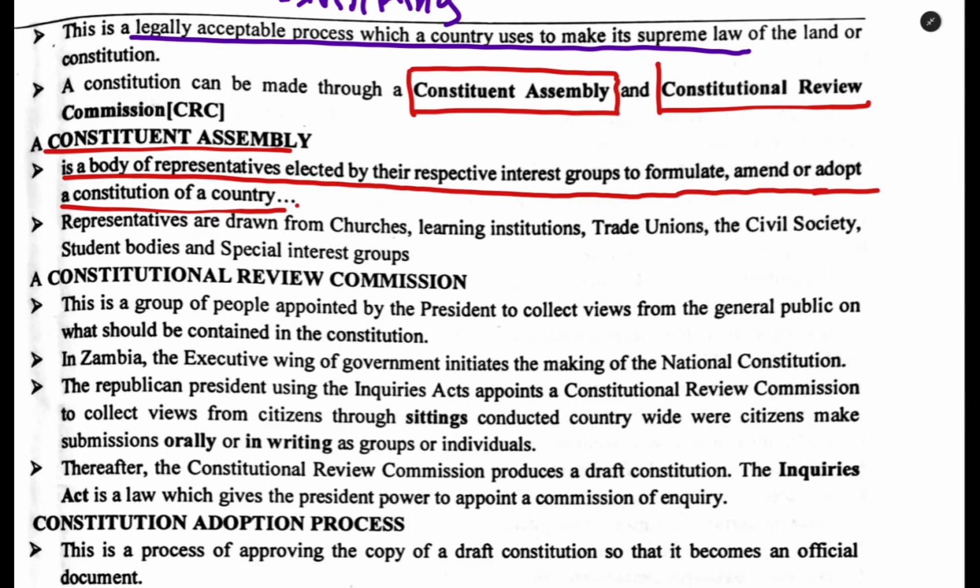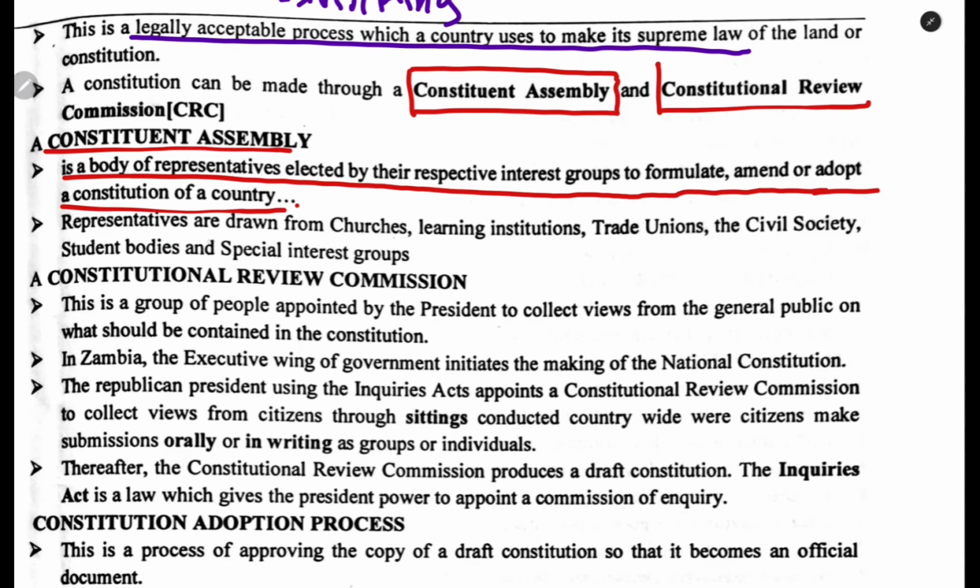So in case you find a question such as: the way in which the constitution is made by a body of representatives elected by their respective interest groups to formulate, amend, and adopt the constitution is called the Constituent Assembly.